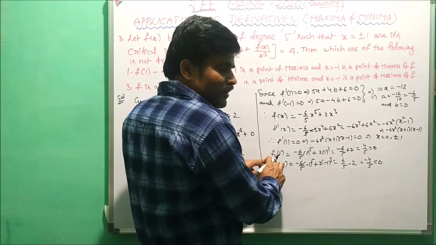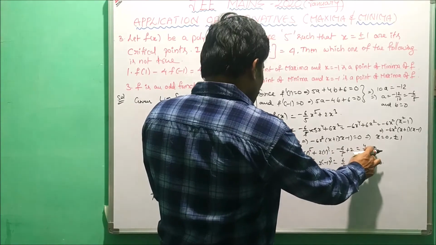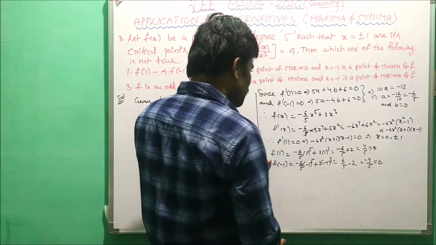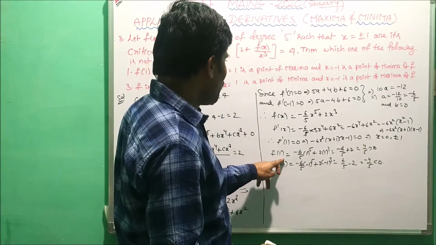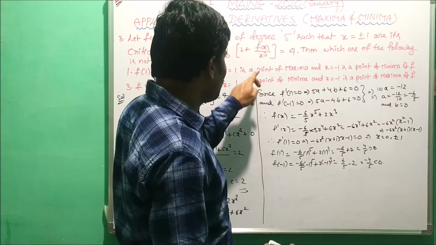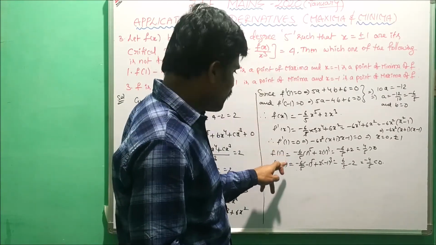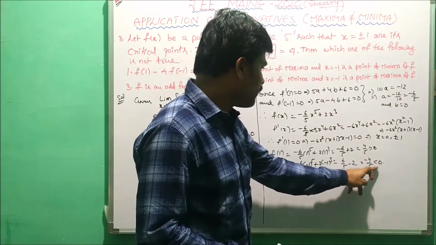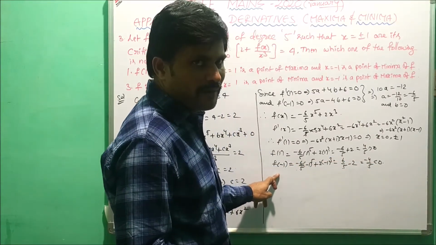We observe f(1) is greater than 0 and f(-1) is less than 0. That means at x = 1 is the point of maximum, with maximum value of f at x = 1. At x = -1, f is less than 0, that means the point of minimum.